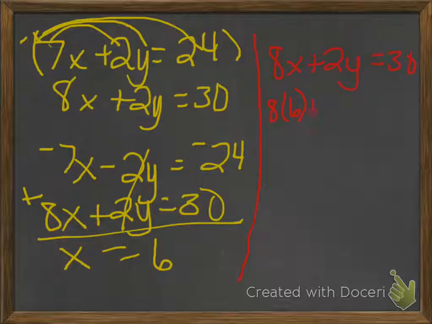So 8 times 6, plus 2y equals 30. Now, 8 times 6 gives me 48 plus 2y equals negative 30. Oh, excuse me, I put negative 30. It should be positive. I don't know where I got negative from. So erase that. It should be positive 30.